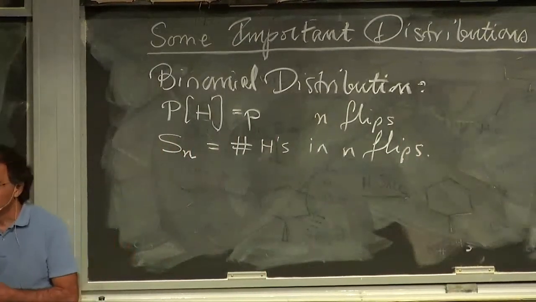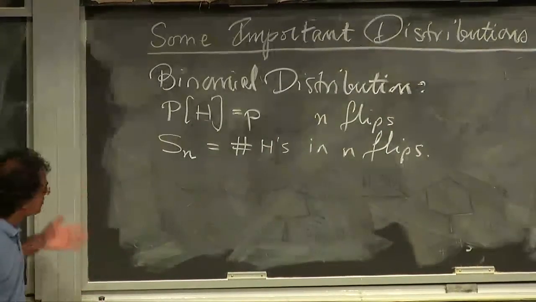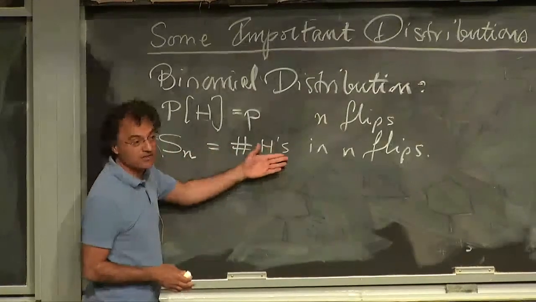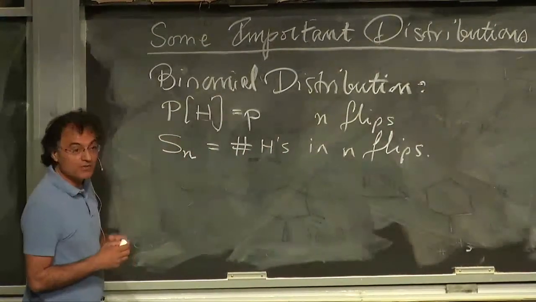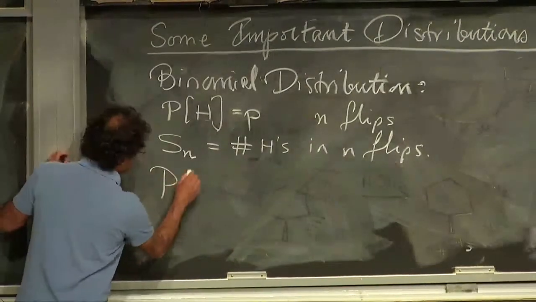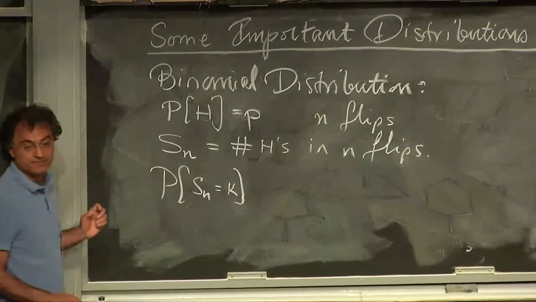And what we are interested in is the probability distribution. What does it mean, the distribution of this random variable? It means we want to know what's the probability S sub n equals k for every k.